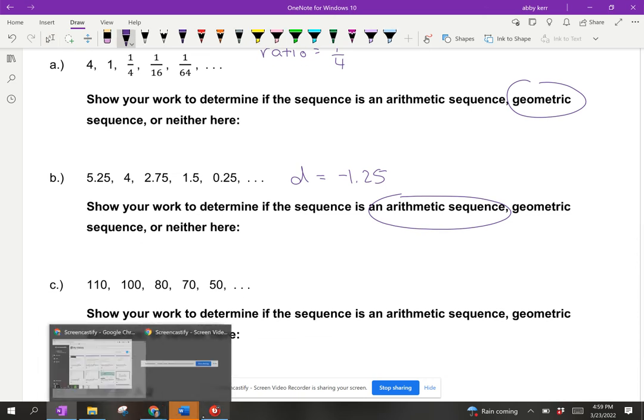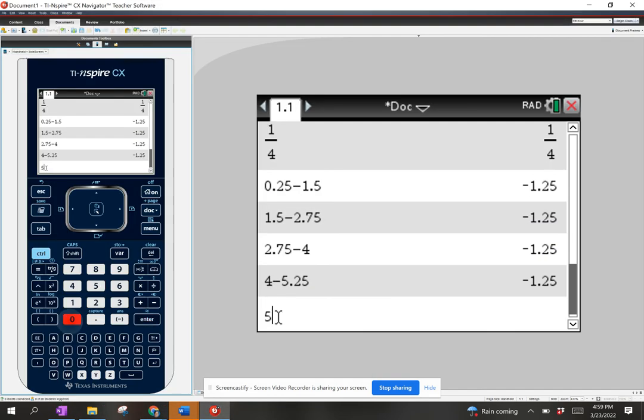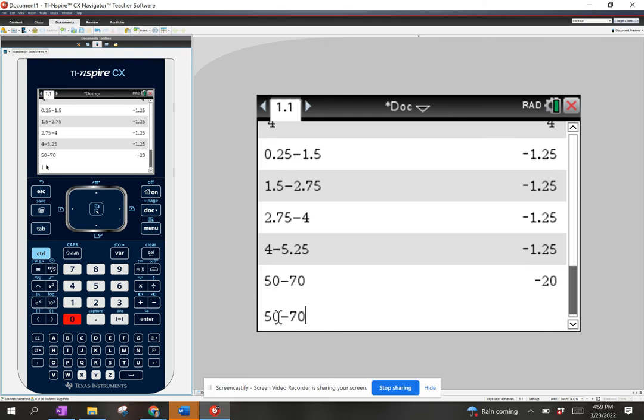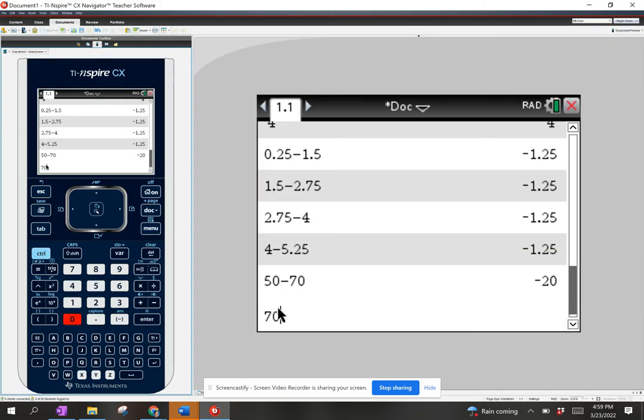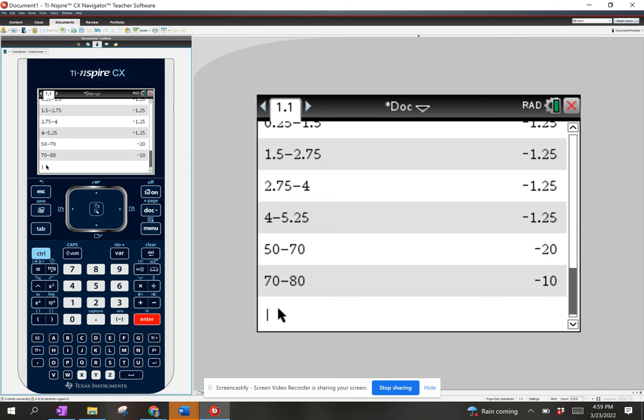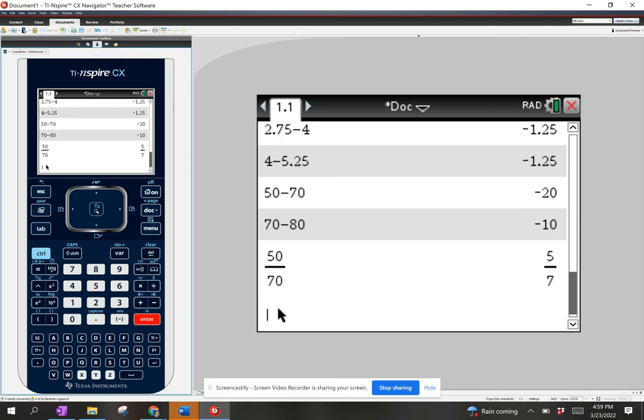And then here, start with the difference. 50 minus 70 gets you negative 20. 70 minus 80, we already know, is not negative 20. So that's not a difference. So let's try the dividing. Let's try to find the common ratio. 50 over 70 reduces to 5 over 7.